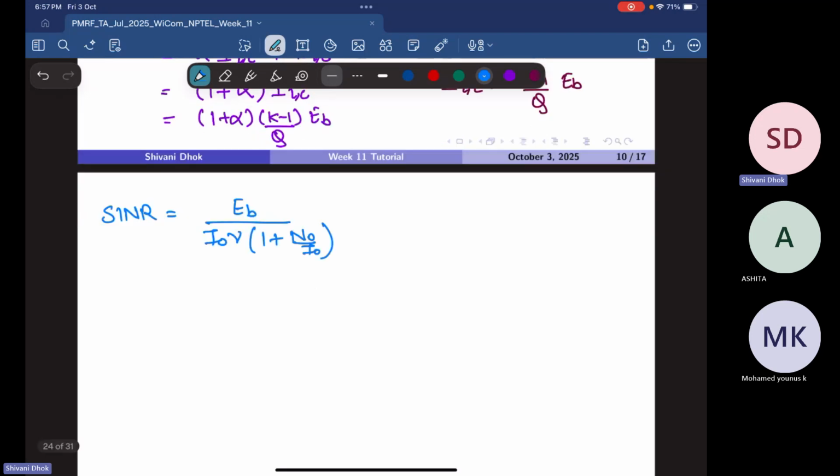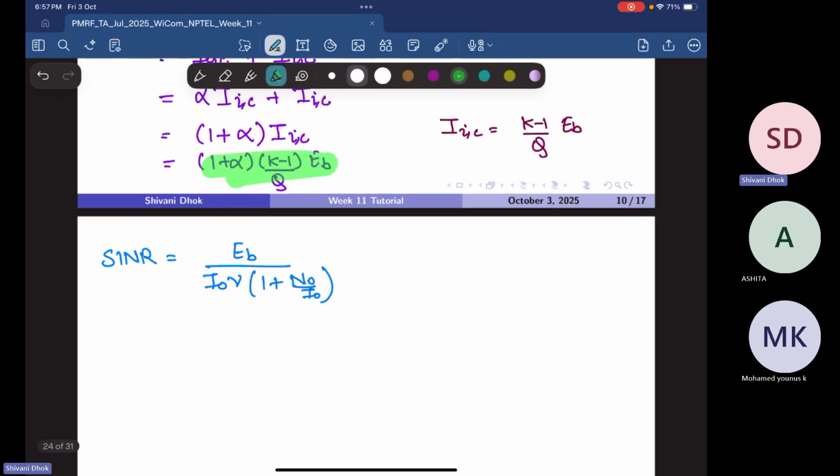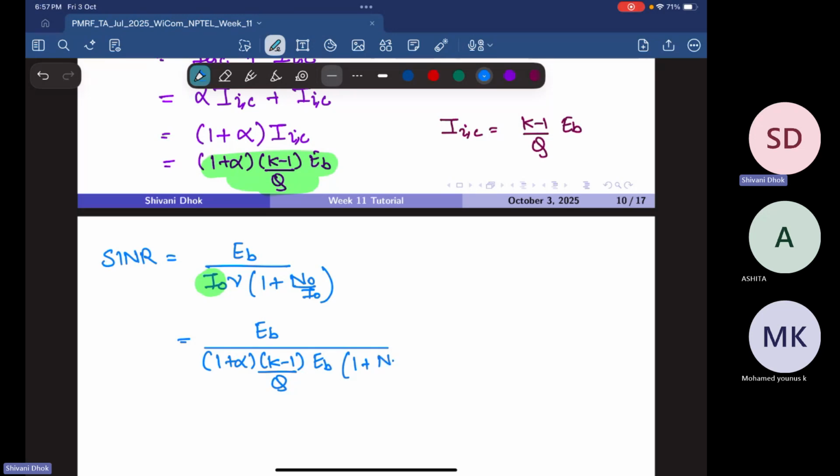Let me substitute back this I0 equation that we have obtained. So this is equal to Eb divided by 1 plus alpha into k minus 1 by Q into Eb into 1 plus N0 by I0.